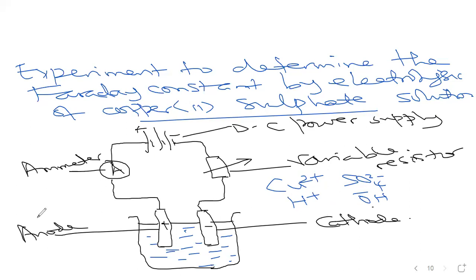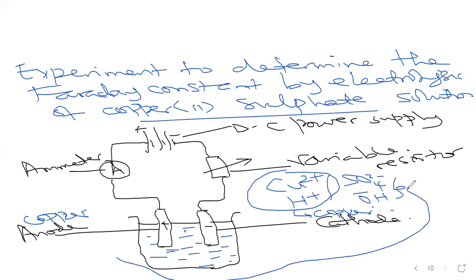I've forgotten, but we shall use copper as electrodes: a copper anode and a copper cathode. We have already seen what happens during this electrolysis. These ions here migrate to the cathode, and these ones migrate to the anode.